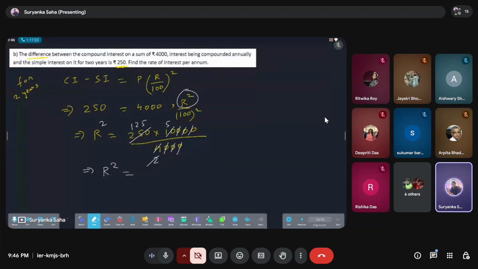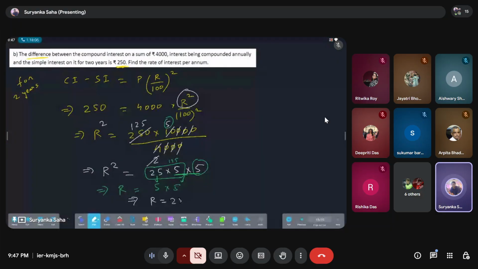This is 125, into 5, this 5 is this 5. See the pairing: if you take R, it will be 25, where 1 5 will come from here, and from 2 5s 1 5 will come. So the rate will be 25%. Let me write it in the form of percentage: rate will be 25%.